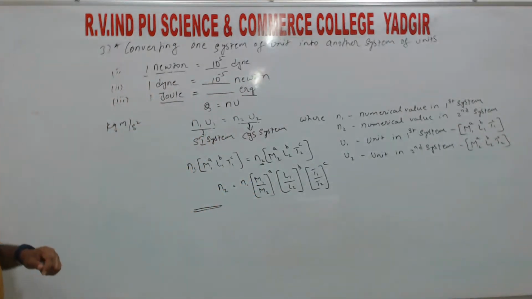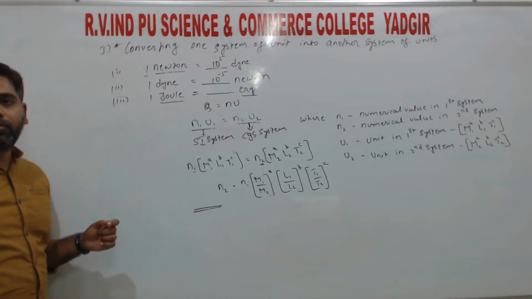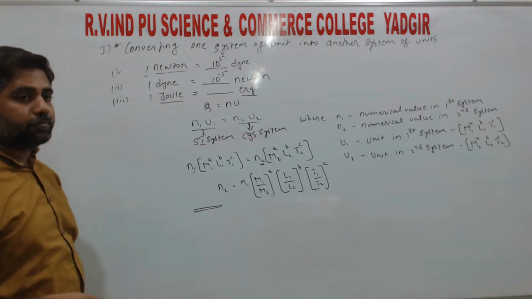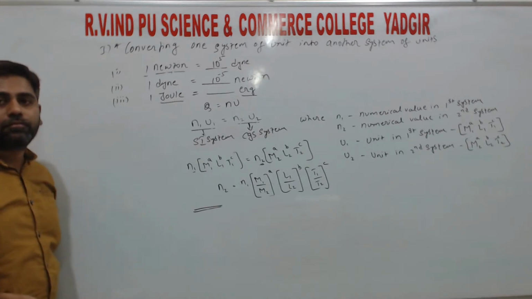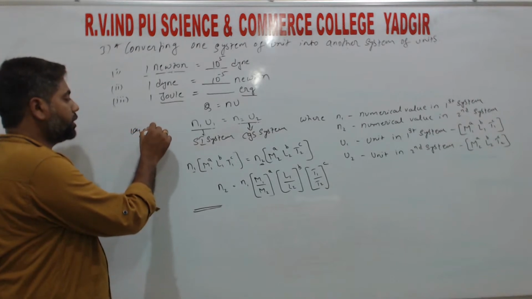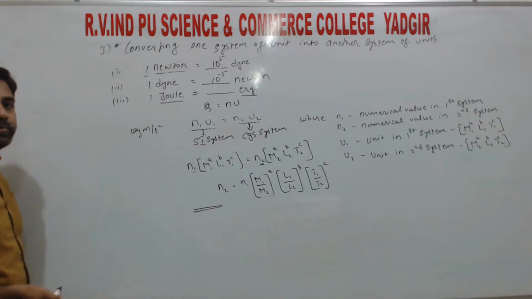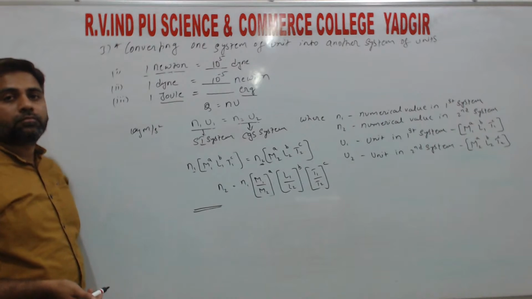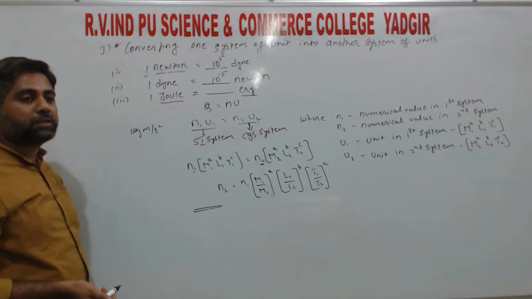So we represent the SI unit for joule in another form. For Newton it was kg meter per second square. Similarly for joule, work done is force into displacement, right?